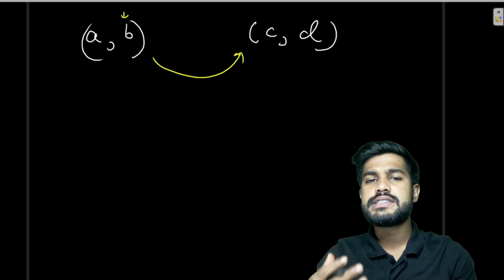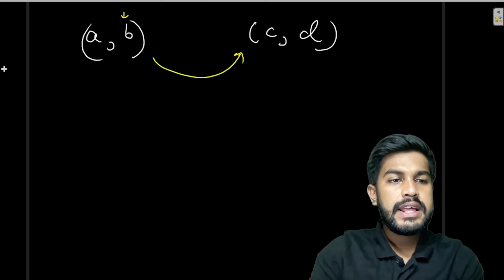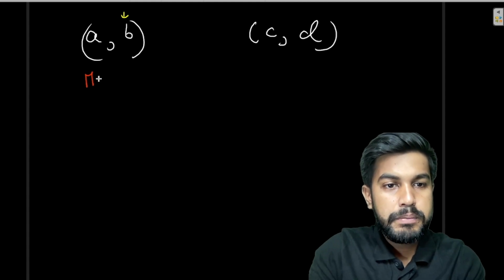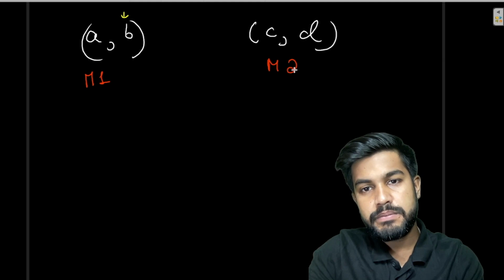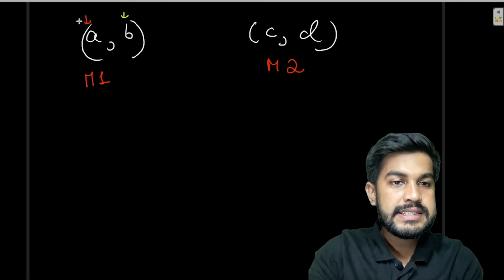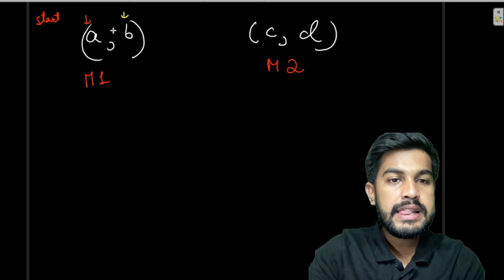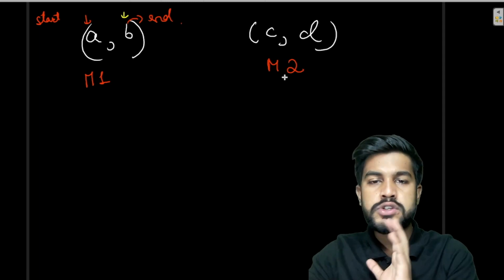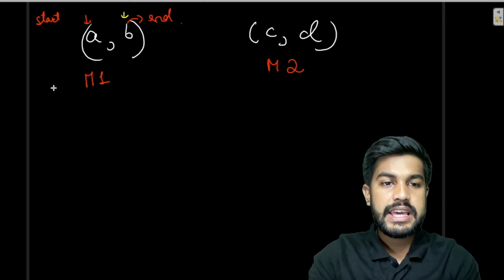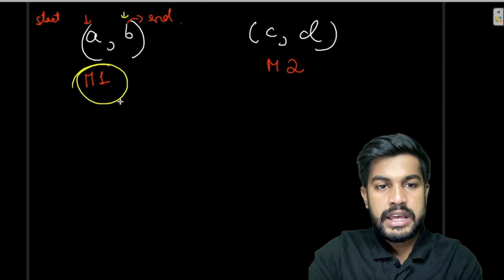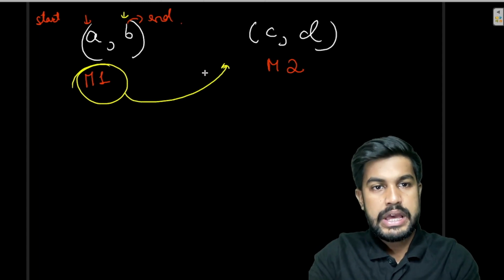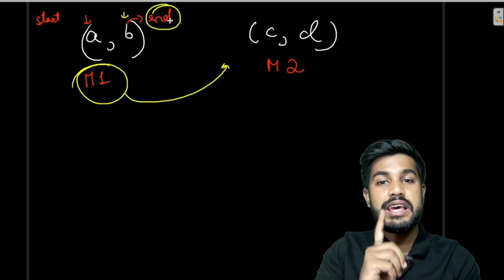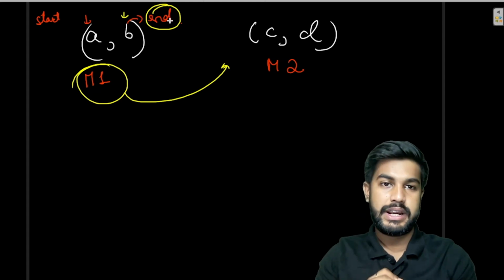So if I try to rephrase this statement in an easier way, suppose this is meeting 1 and this is meeting 2, and this is the start time of the meeting, and this would be the end time of the meeting. And for this also it would be the same. So I can say that this meeting M1 can be held before M2 if the finishing time of the first meeting is before the second meeting.